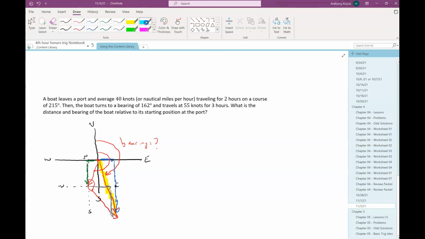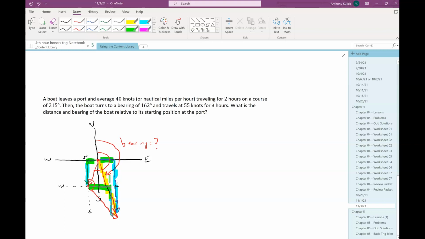So the vertical component would be the sum of those two vertical components, and the horizontal component would be the sum of those two horizontal components, taking direction into account.